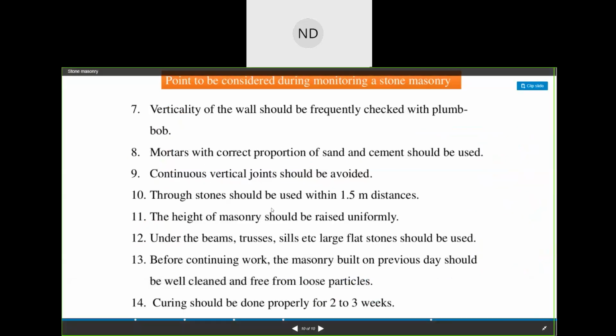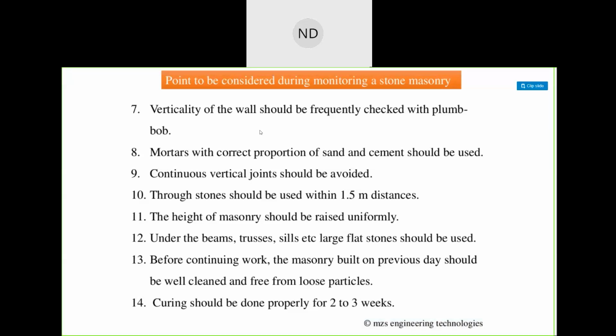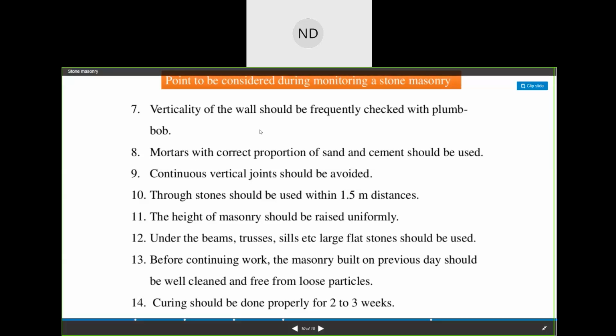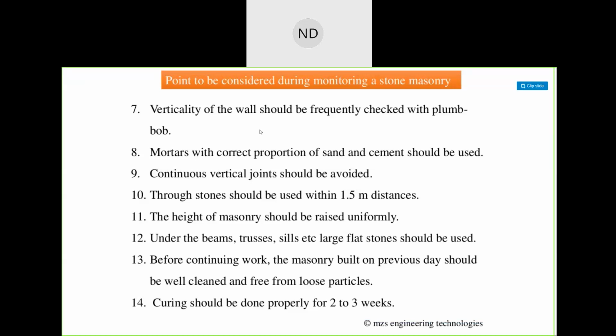The next point to remember is that the verticality of the wall should be frequently checked with a plumb. You may be making the wall, but it may not be vertical. It may be inclined somewhere, and if it is inclined, due to some force it may get distorted or broken.